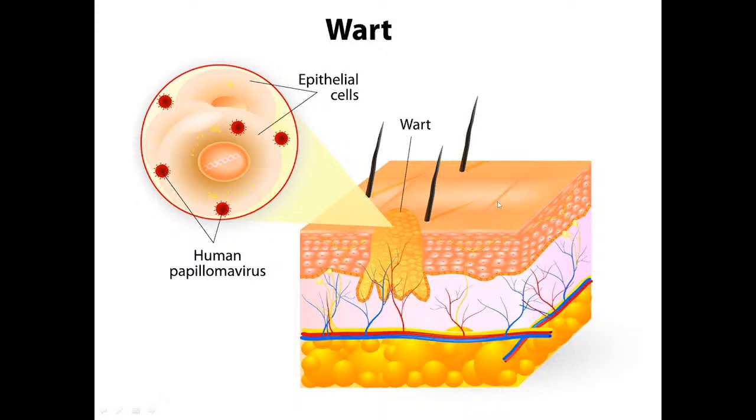In these pictures you can see the structure of the skin, and you can see the epidermis of the skin, and if your epithelial cells get the human papilloma virus, it becomes warts.